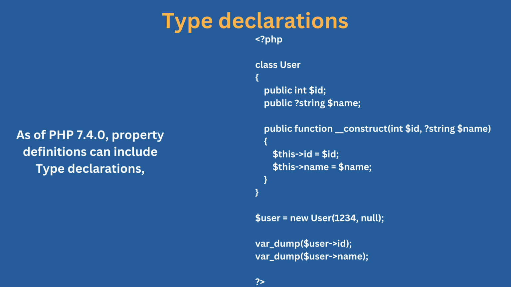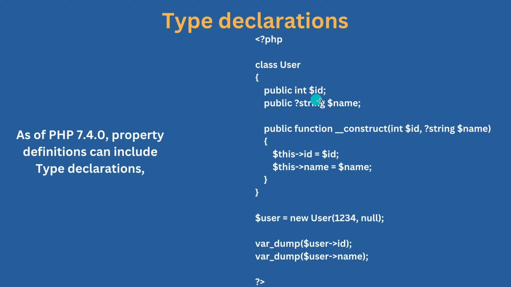Restricting the data type. What type of data can this accept? Like if I do not provide int, this ID can accept any type of value.